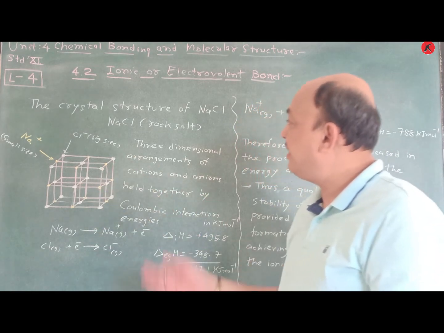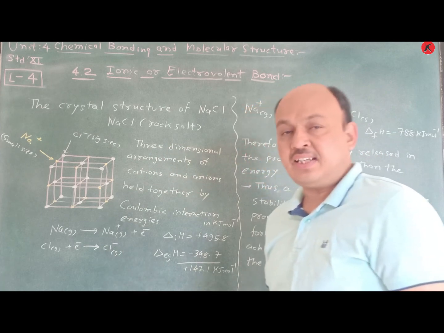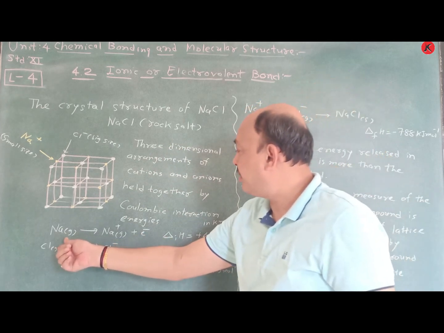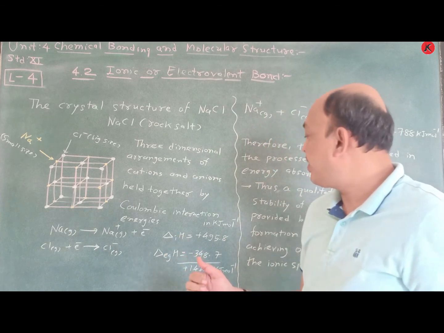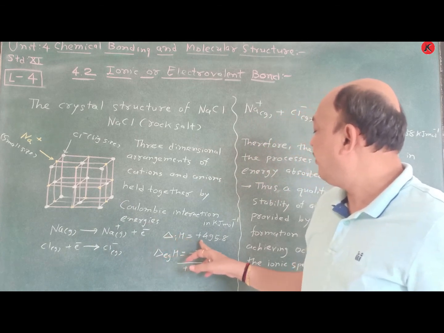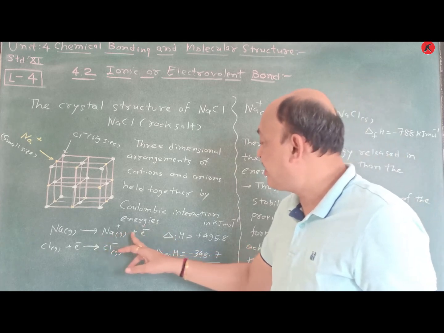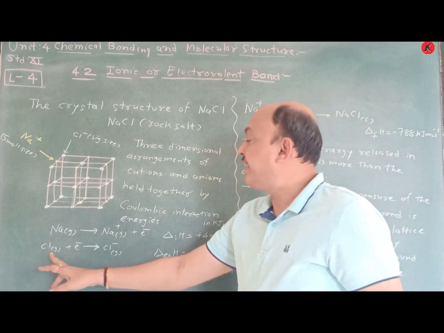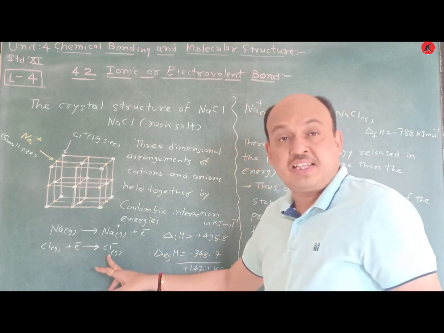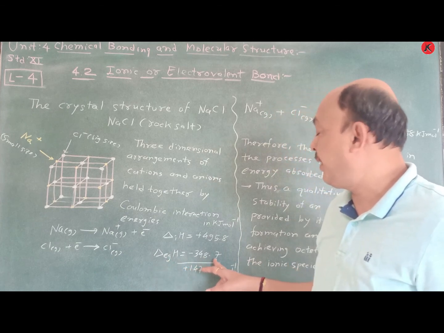Why is NaCl chosen here? To understand that, suppose in sodium we give the ionization enthalpy, 495.8, converting it into Na plus gaseous form plus an electron. So here an endothermic reaction occurs. Cl gaseous form plus an electron gives Cl minus gaseous, and here delta H is minus 348.7.